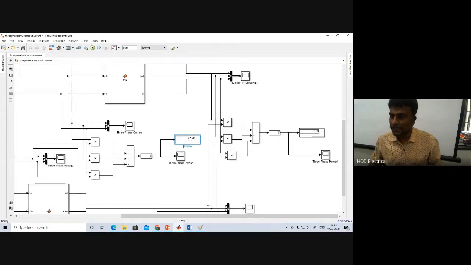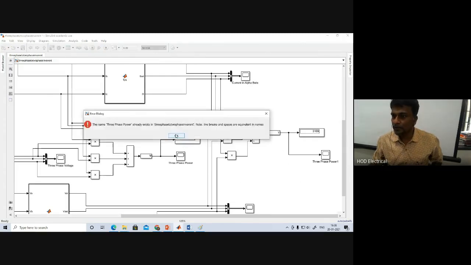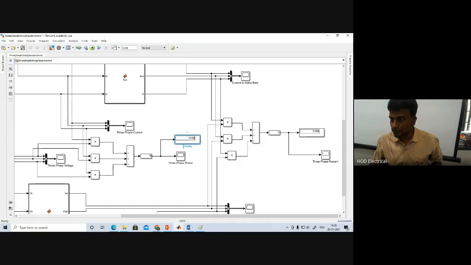This is the three phase power display, and this is nothing but the two phase power display. So both the powers are same.